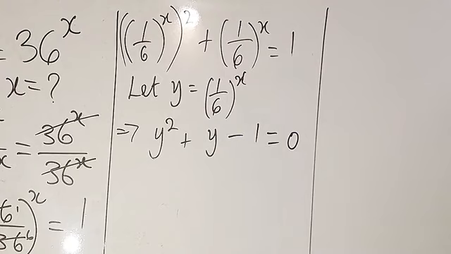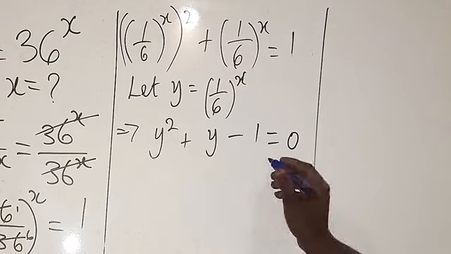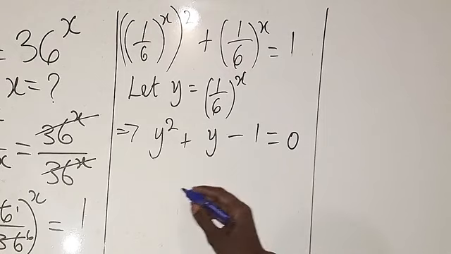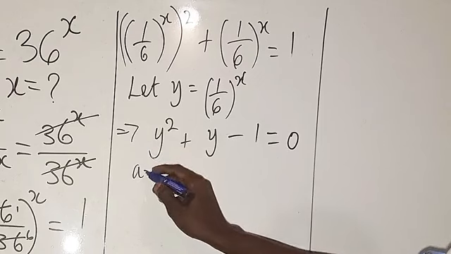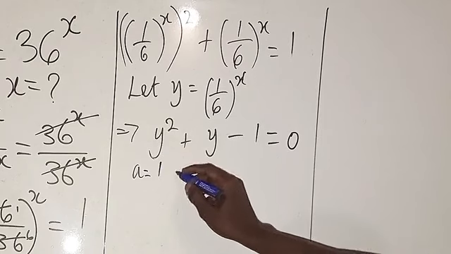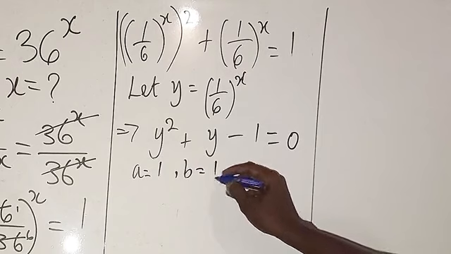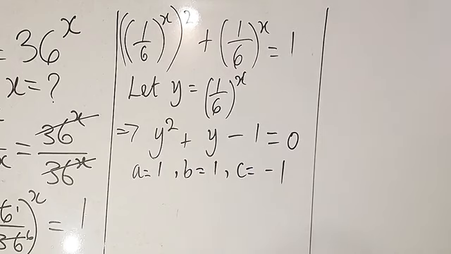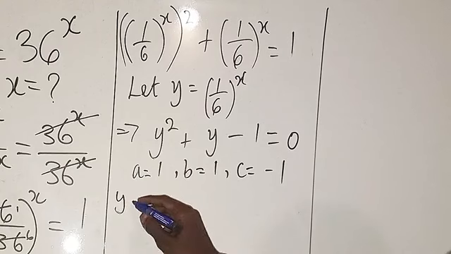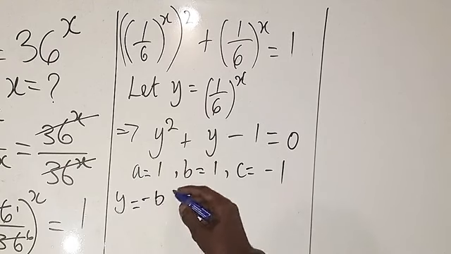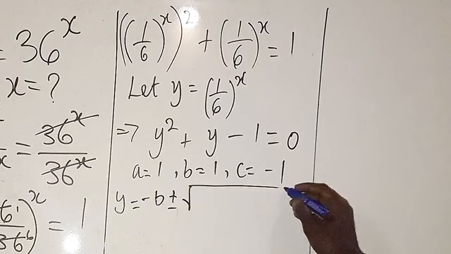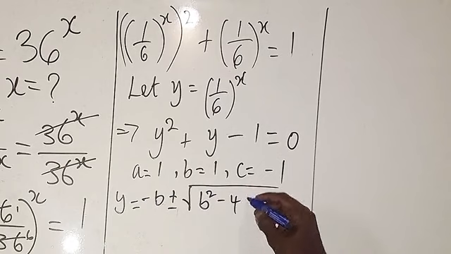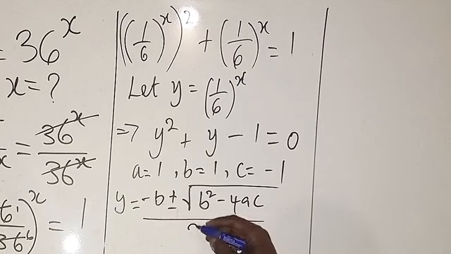So now from there we have this quadratic equation in terms of y. So what are we going to do? Now from here we're going to use the quadratic formula. So we compare: a is going to be 1, b is going to be 1, then c is going to be minus 1. So now we have y equals minus b plus or minus the square root of b squared minus 4ac, all over 2a, that is the quadratic formula.